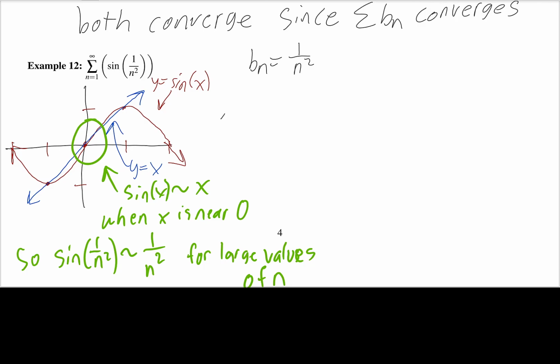Alright, well that means that the limit as n goes to infinity of a sub n over b sub n, so sine of 1 over n squared over 1 over n squared. What I'm going to do here is use L'Hopital's rule.